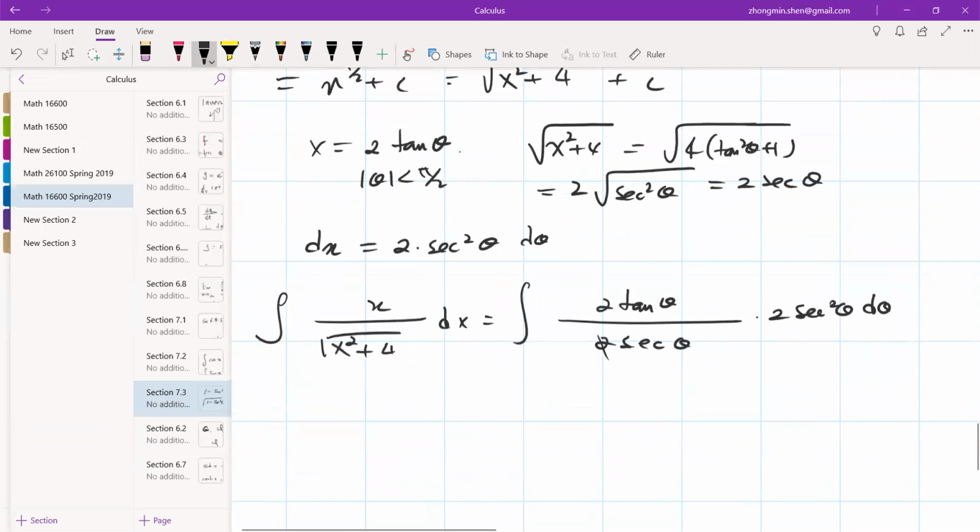The 2 cancels out, I only have one 2 left, right? So now you have a secant theta canceled out. Tangent theta times secant theta, do you still remember the derivative of secant theta, right? Plus constant.